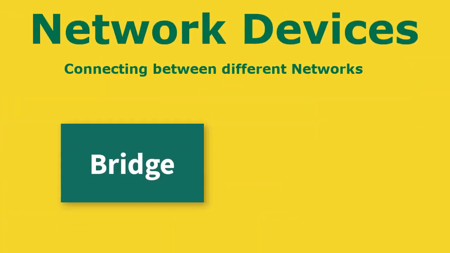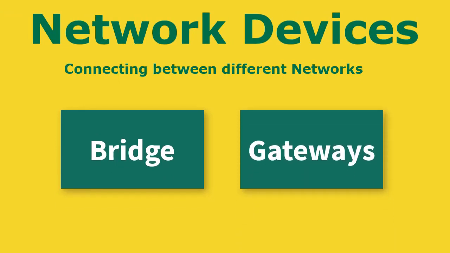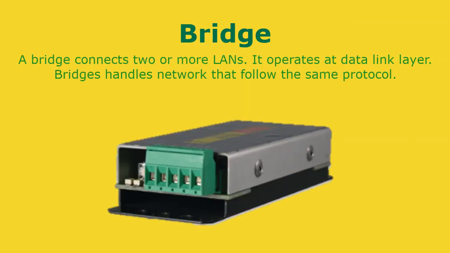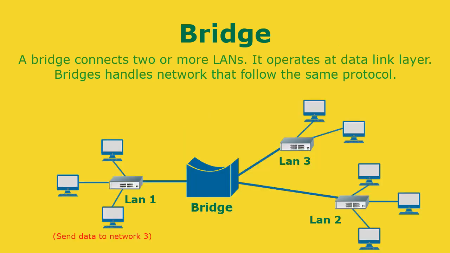For connecting between different networks, we also use bridges and gateways. A bridge connects two or more LANs. It operates at the data link layer. A bridge can handle networks that follow the same protocol only.